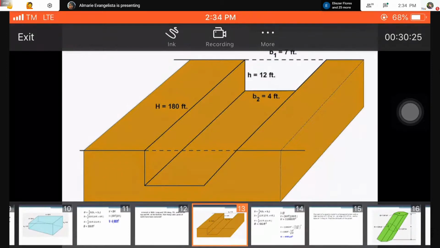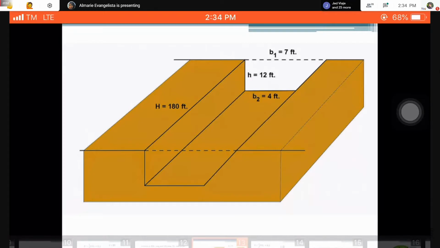Given yung base 1, which is 7 feet, tapos yung base 2 naman is 4 feet. And yung height ng trapezoid is 12 feet. And then yung H or yung height ng pinaka-trench is 180 feet.